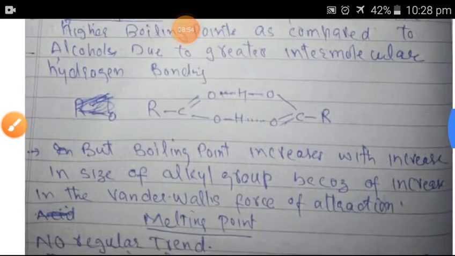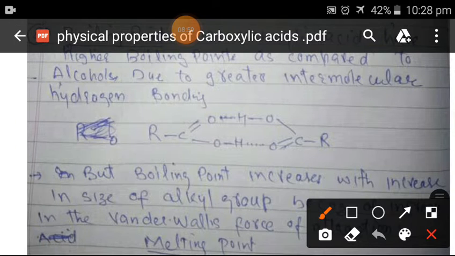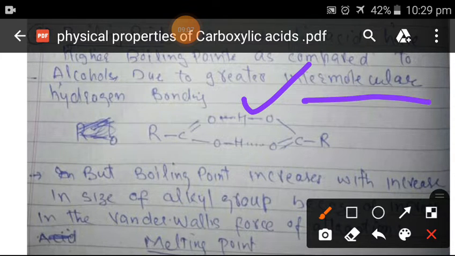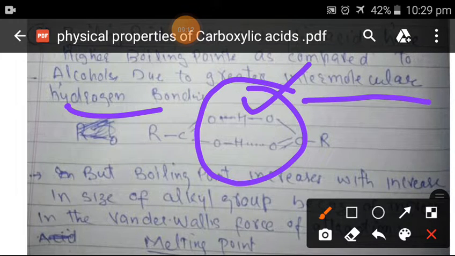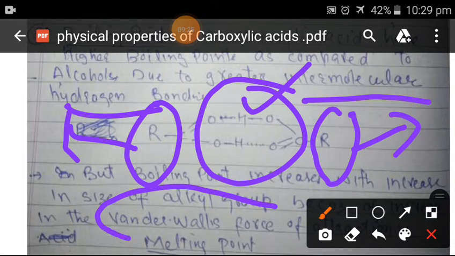Clear? So in short, you may remember that lower members have higher boiling point due to the formation of intermolecular hydrogen bonding. But this boiling point also increases with the increase in the R group, because with the increase in the number of carbon atoms in the alkyl group, there occurs a second type of interaction that is called van der Waals force.